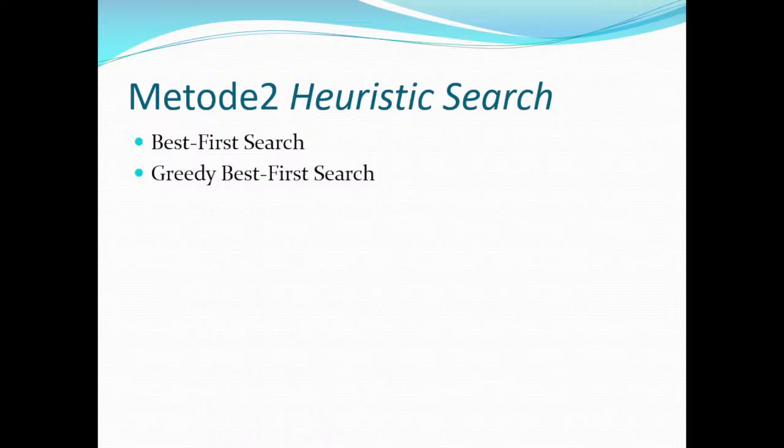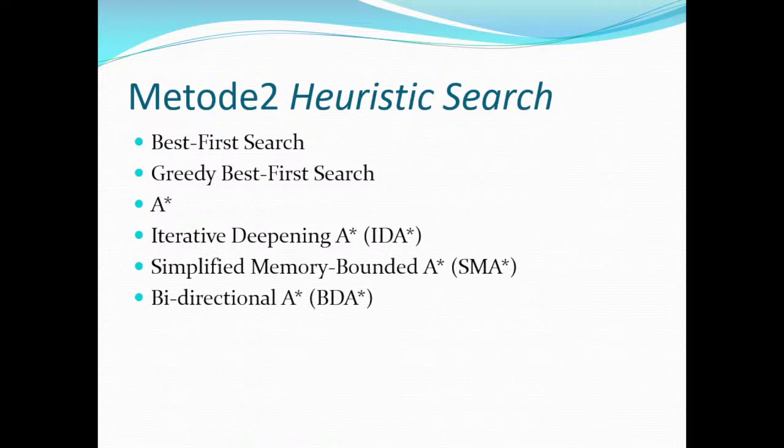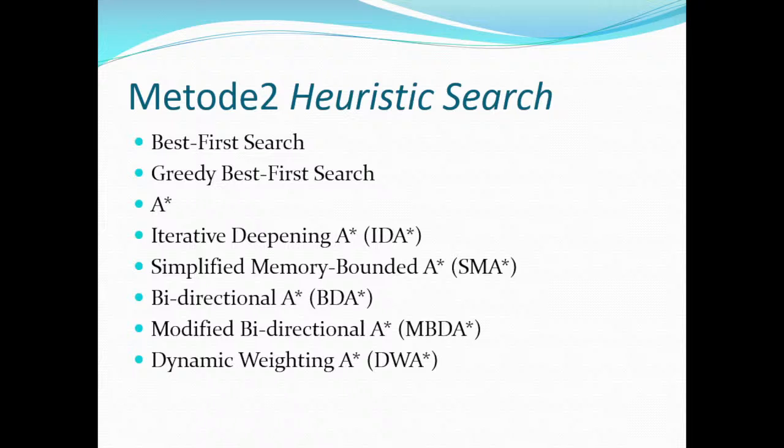We can also use the second one, greedy best first search, and then A star, and then the developments or variations of A star, namely iterative deepening A star, simplified memory bounded A star, bidirectional A star, as well as beam A star.